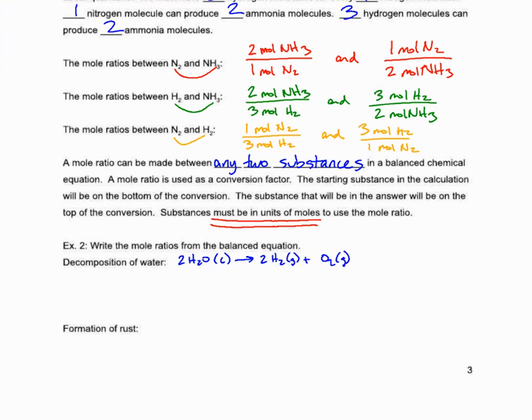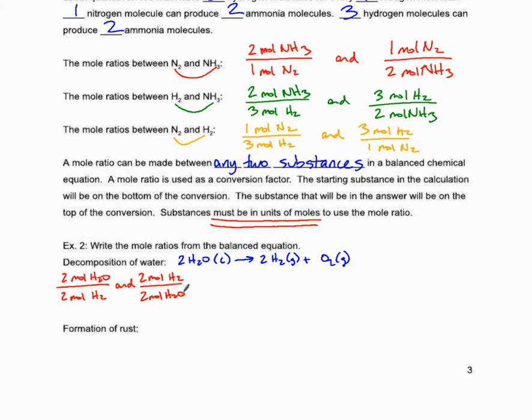So some mole ratios here. If we want to relate, let's say, water and hydrogen, they both have coefficients of 2. And you could also flip this one upside down if needed. 2 moles of hydrogen per 2 moles of water.